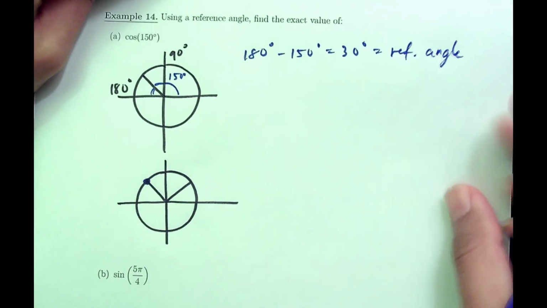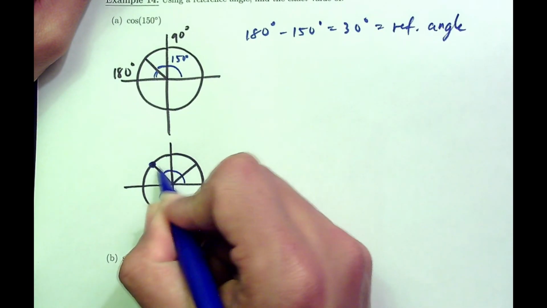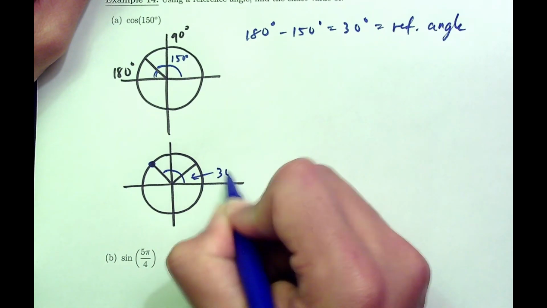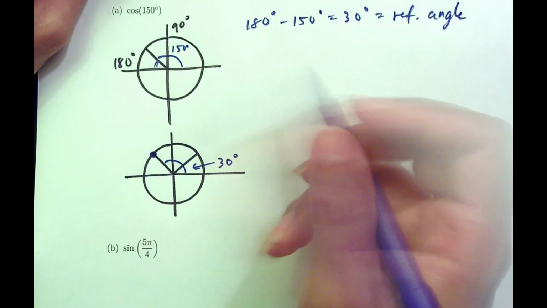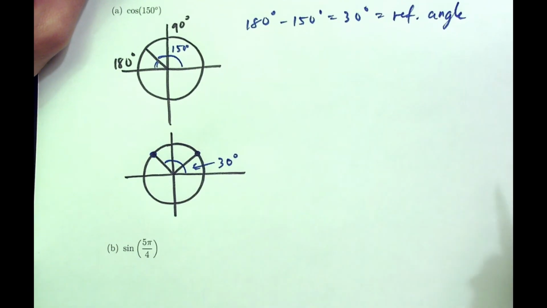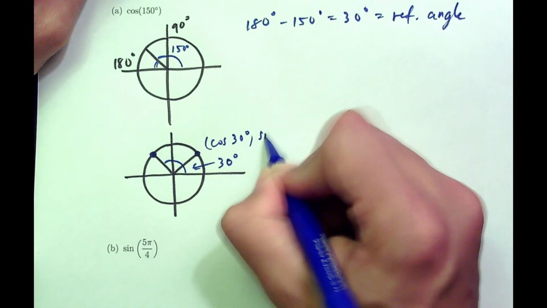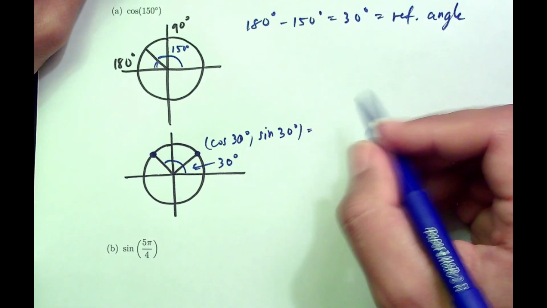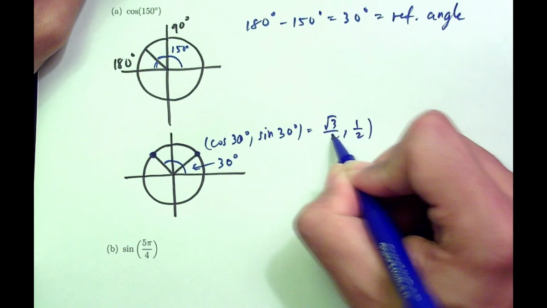Now, if I'm looking for the cosine of that angle of 150, the cosine is the x-coordinate of that. But I can figure out the x-coordinate and even the y-coordinate if I know the coordinates of this one. The coordinates of that one are cosine of 30, sine of 30, which is square root of 3 over 2, and sine of 30 is a half.